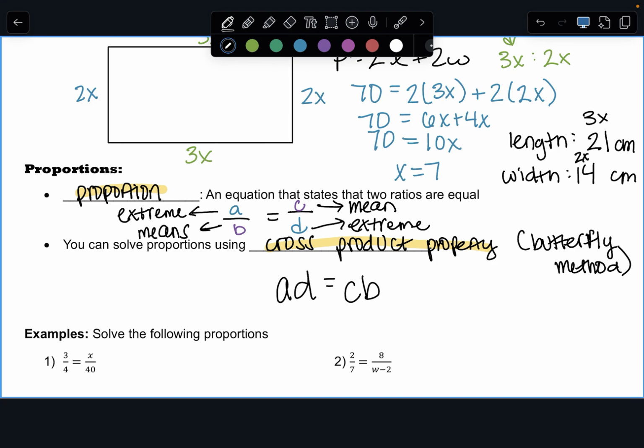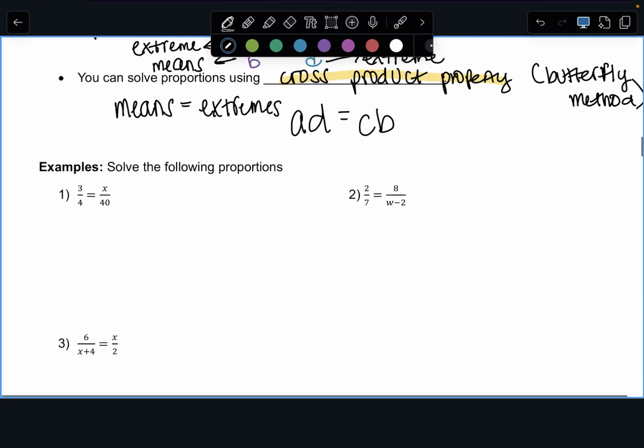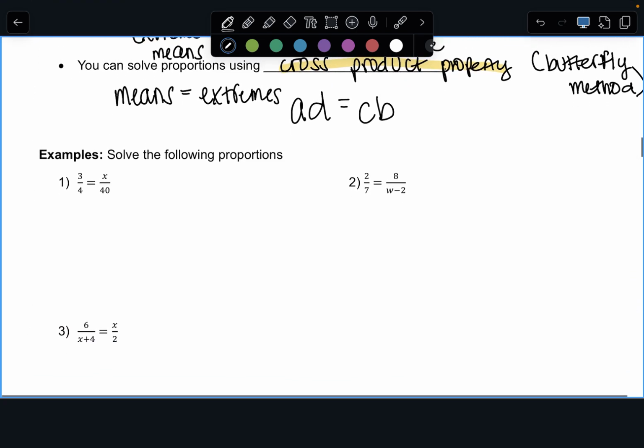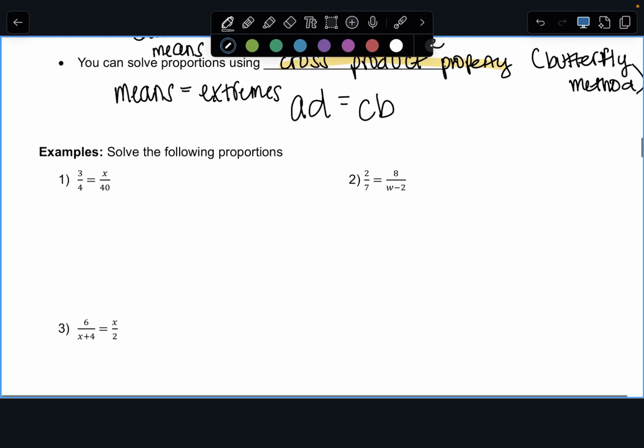You could also say this is means is equal to your extremes, if you know those words. So anytime we solve proportions, you're going to cross multiply. Do your butterfly method. So let's do it on these 3, and then we'll be done.